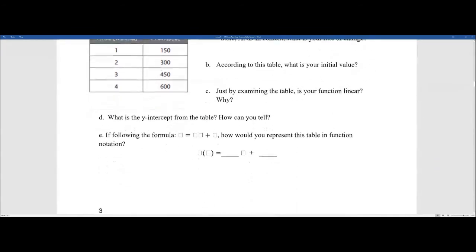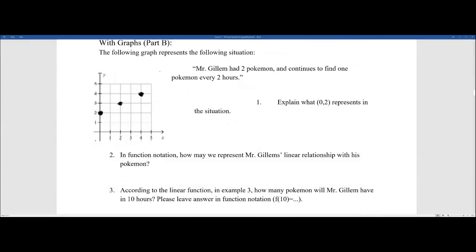All right, moving on to graphs. So graphs, part B. The following graph represents the following situation. Mr. Gillum has 2 Pokemon and continues to find 1 Pokemon every 2 hours. So he already has 2 Pokemon. That's his initial value. That's what he's starting off with, and he finds one every 2 hours.